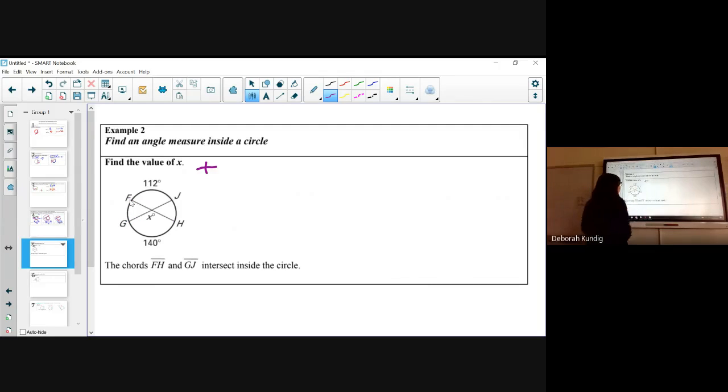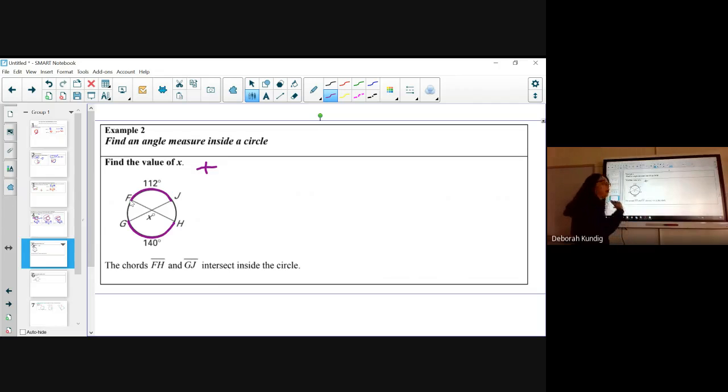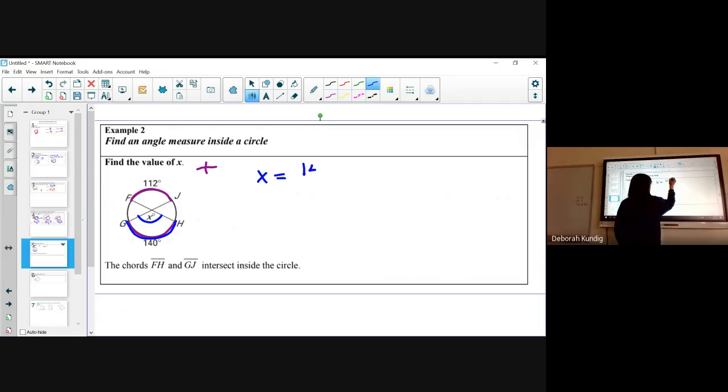If I wanted to find the measure of this angle right here, I would take its arc and its vertical angle's arc, and then find the average of them. So the angle x is equal to its arc, 140, plus its vertical angle's arc, 112, divided by 2.